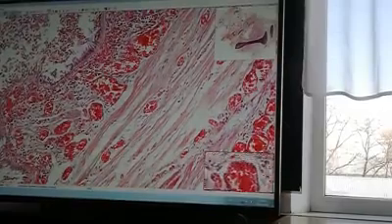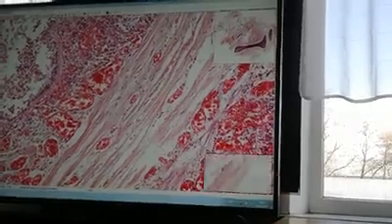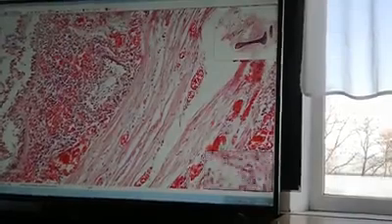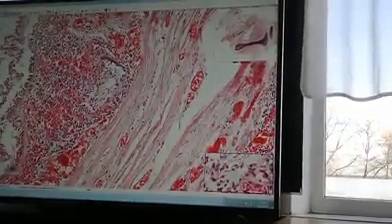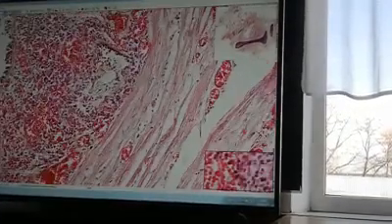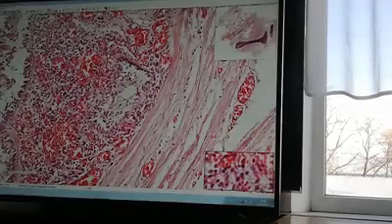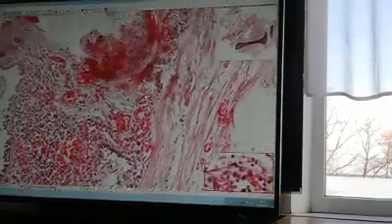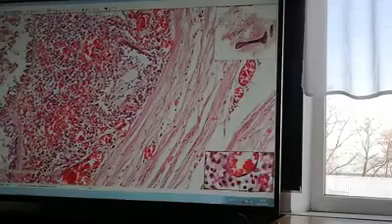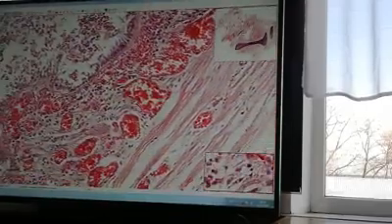After that, in the submucous layer we can find dilated blood vessels, so this is inflammatory hyperemia.